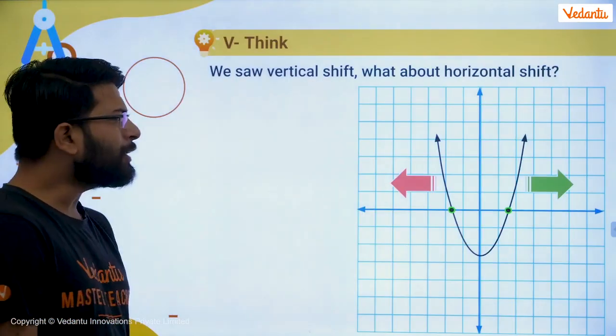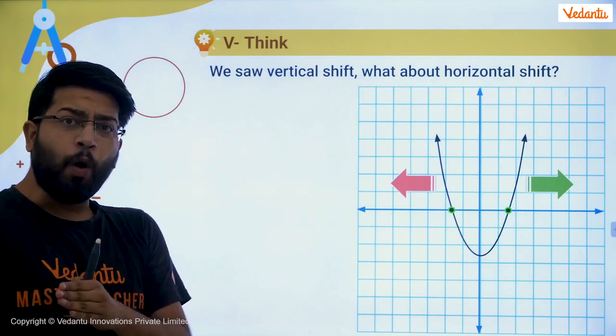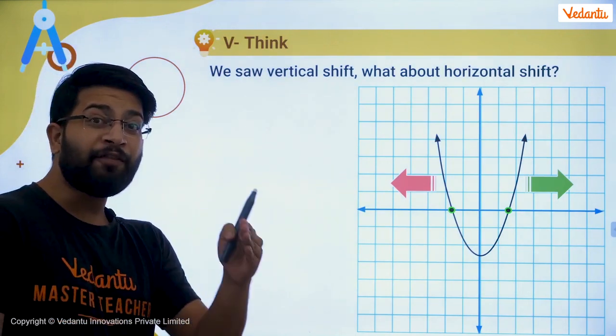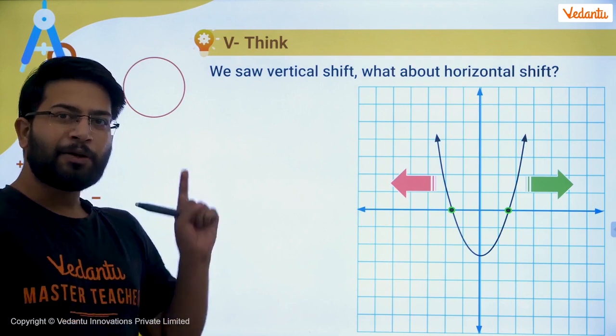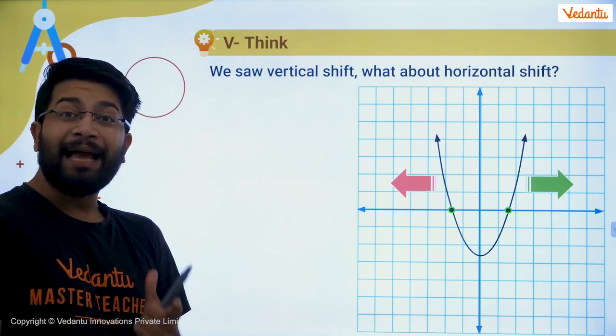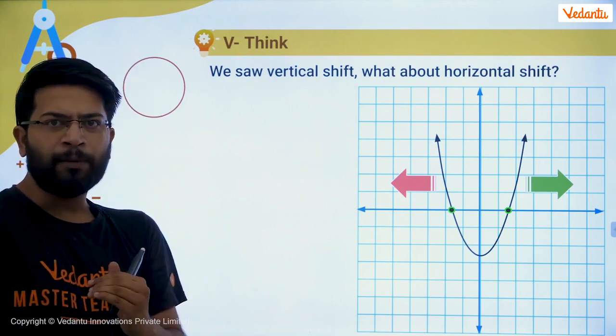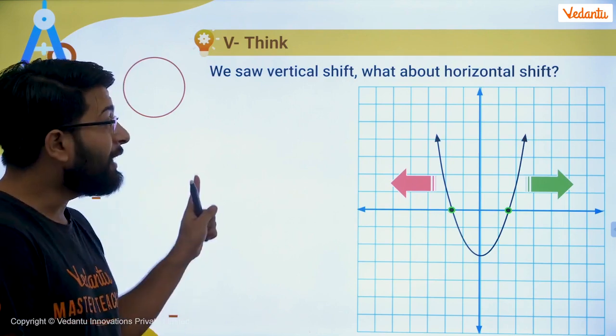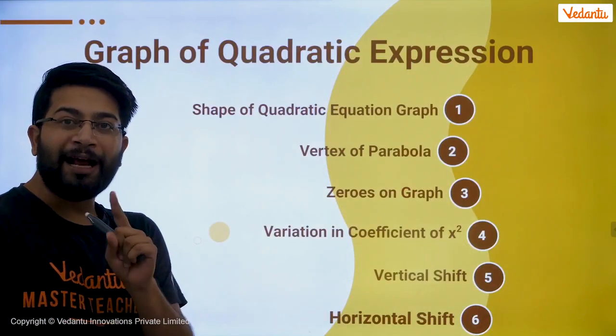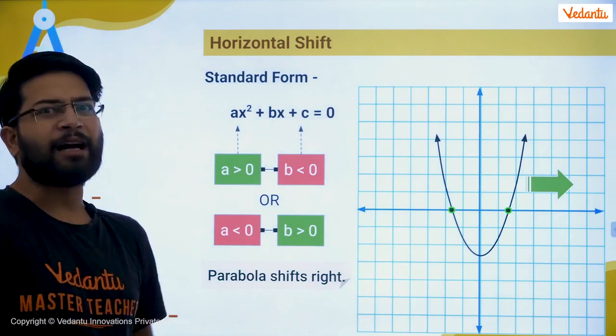Very good. Now, another question to think about: what if we shift my curve in the left or right direction? Till now we have seen that if we shift up or down, the value of c gets affected. But if we shift left or right, the value of b will get affected.